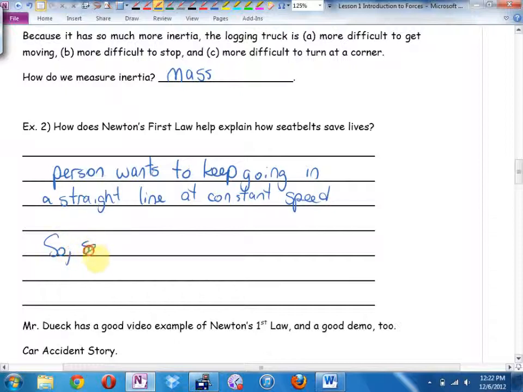So the seatbelt applies a capital F force in the opposite direction.